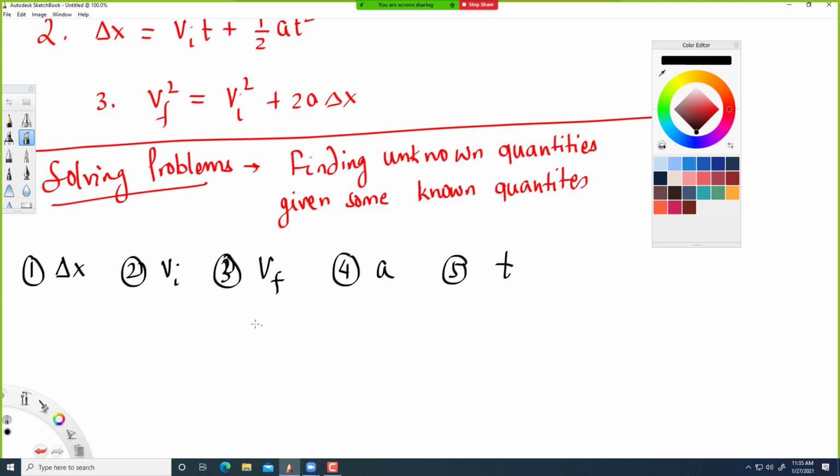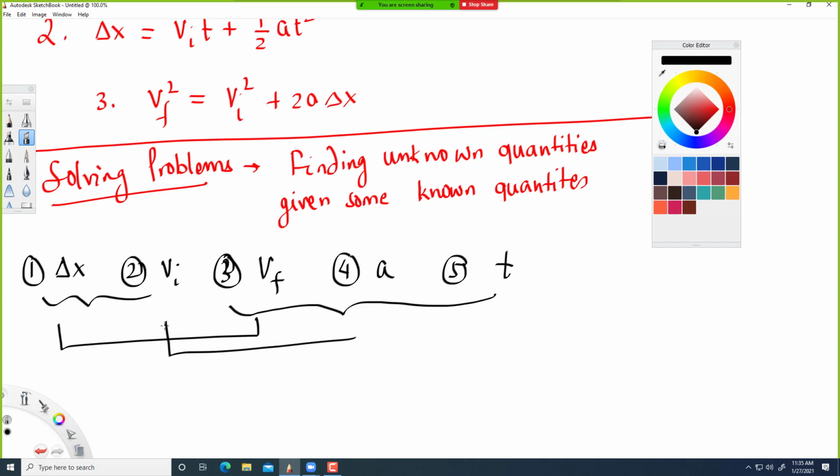So in the problems, you'll be given 3 quantities, and then you'll be asked to find the other 2. It could be these 3 and finding these 2, or given these 3, you need to find the other 2.